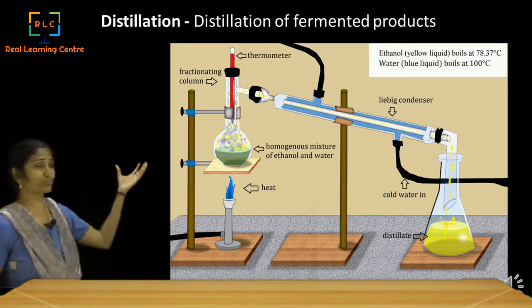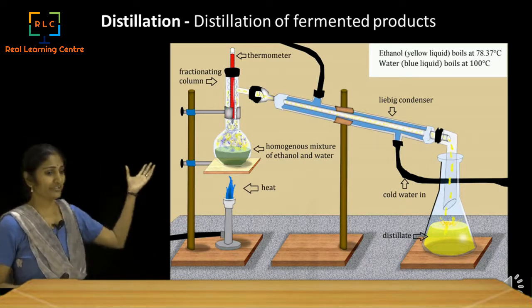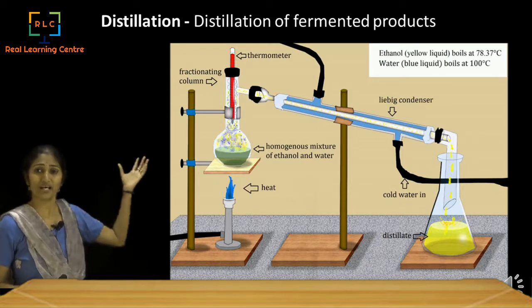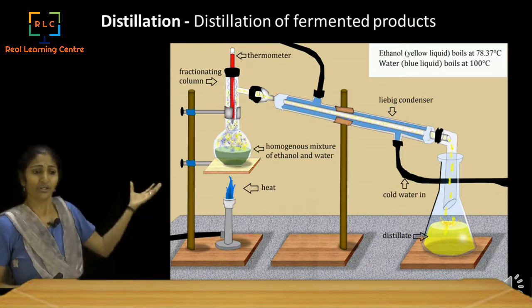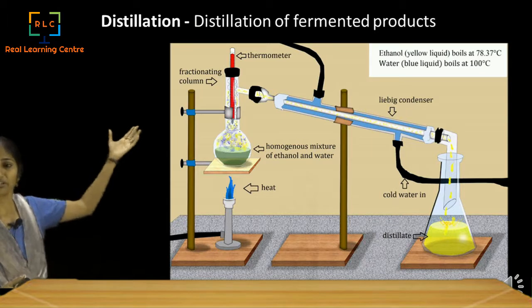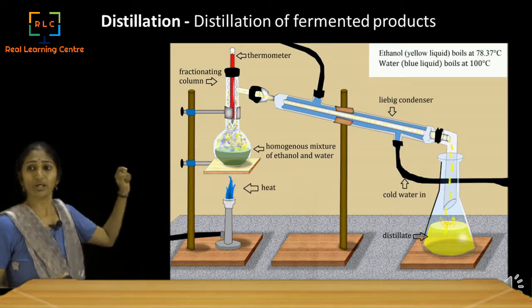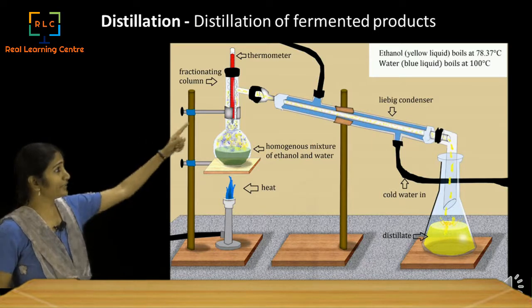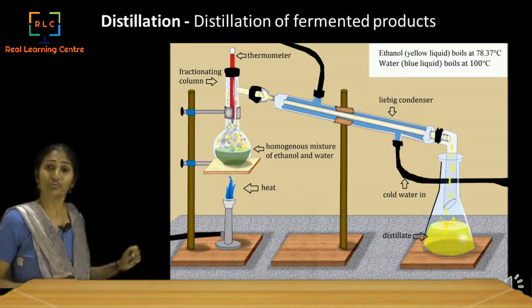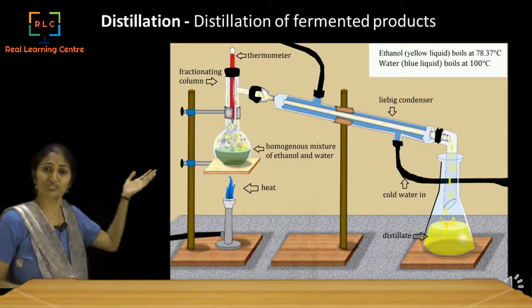The fermented products would be collected in this round bottom flask and it would be heated. Ethanol, which is a product of the fermentation here, has a boiling point of 78.37 degrees Celsius. Therefore, it would become vapor first.